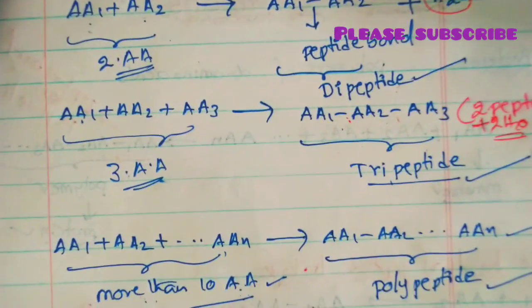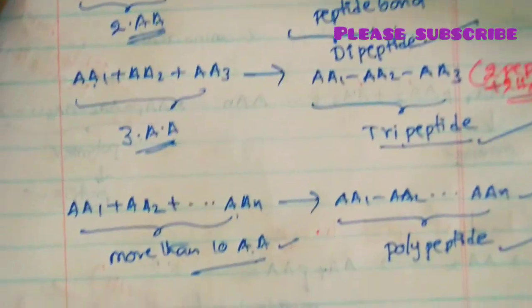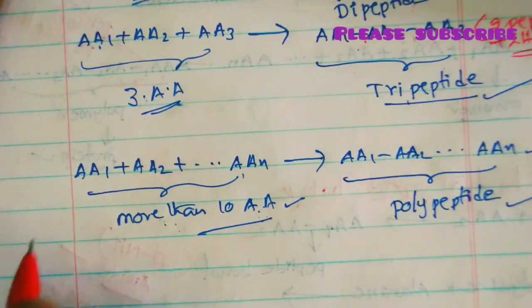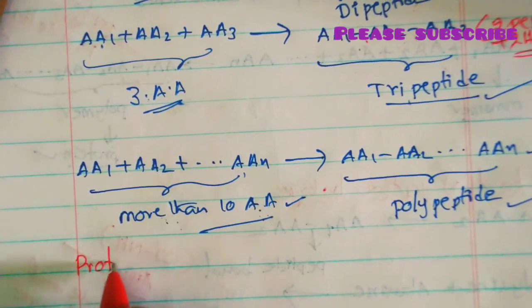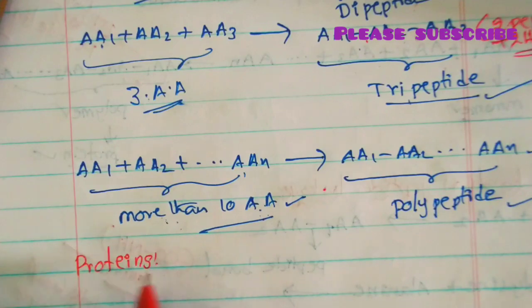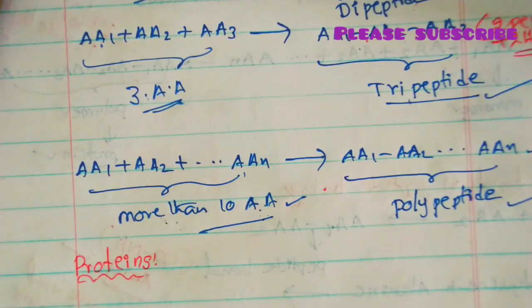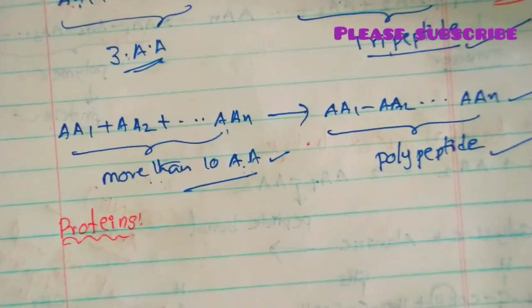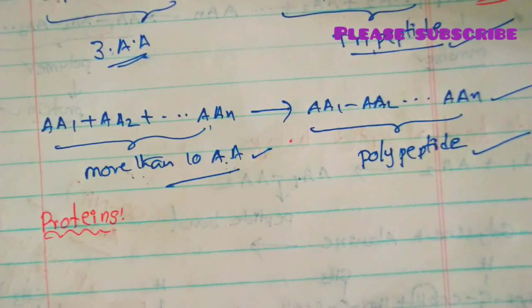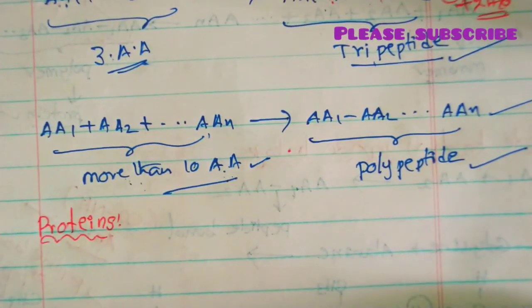Now I will give one standard definition of proteins. Before, I already gave one definition, that is the polymer of alpha amino acids. But chemically, what is the definition of proteins?